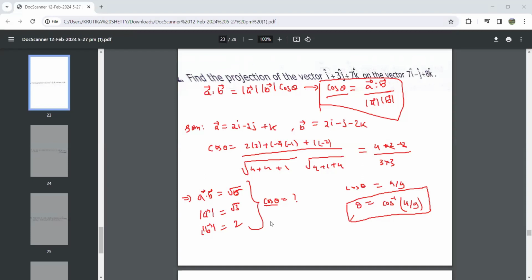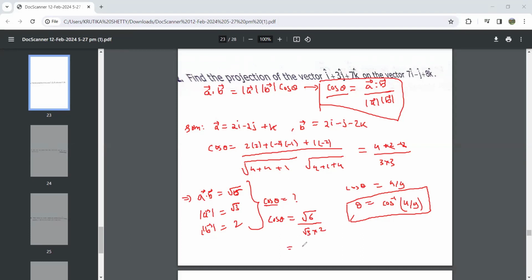See, pay attention here. I will simplify it. Cos theta is equal to, we know the formula, a dot b, it is given as root 6. Mod of a is root 3 and mod of b is root 2.